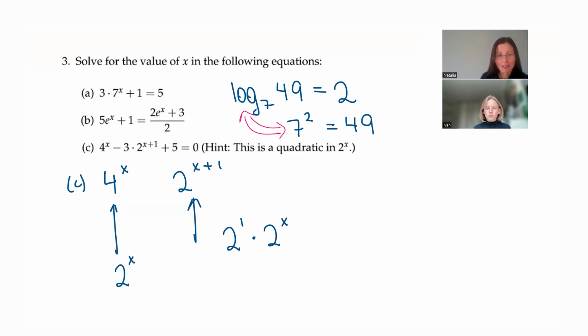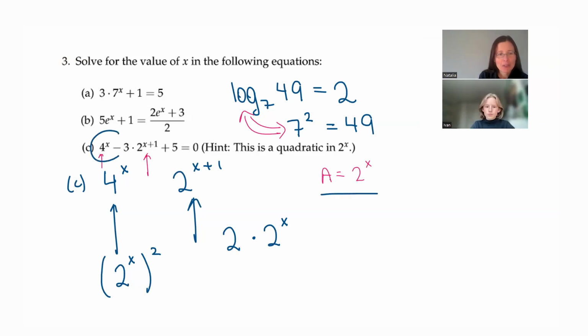We'll use squared here because they gave us a hint that this is a quadratic equation, so we're trying to get one term to be a square of another. So now it looks quadratic, right? Let's do the replacement. Let's call a equals 2 to the x.